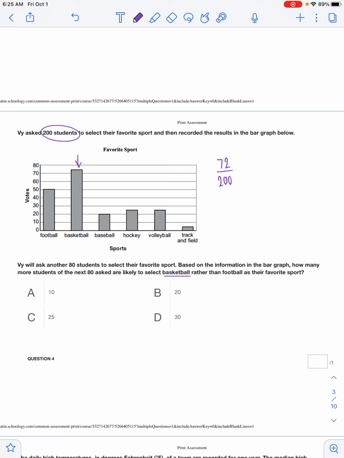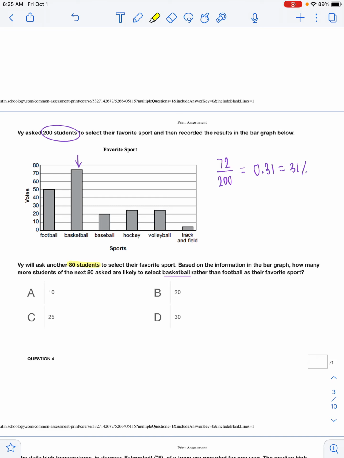And I can find the percent. 72 out of 200, I can divide. 72 divided by 200 is about 0.31, which equals 31%.